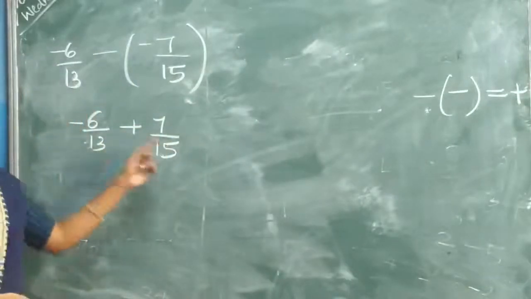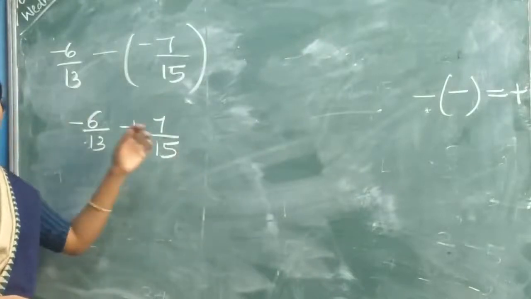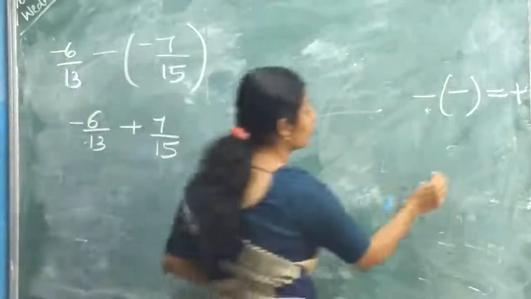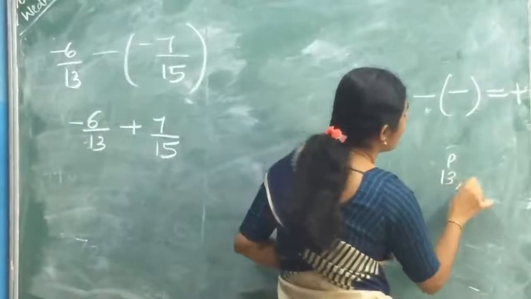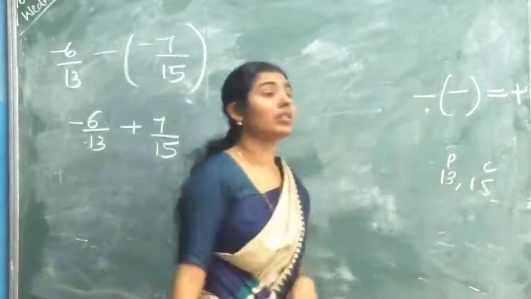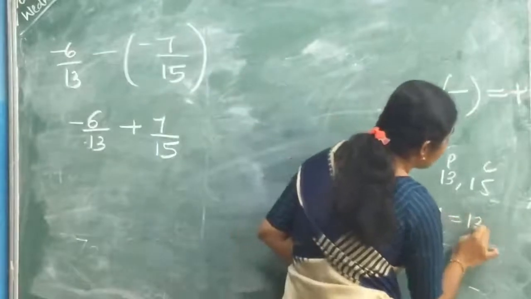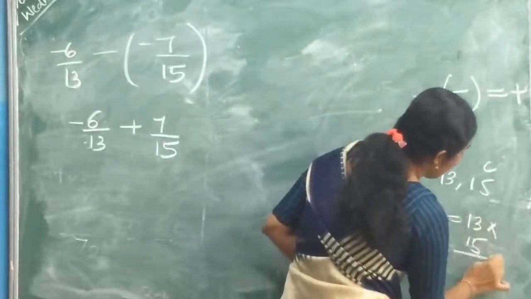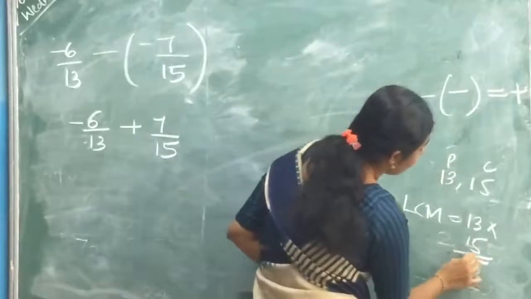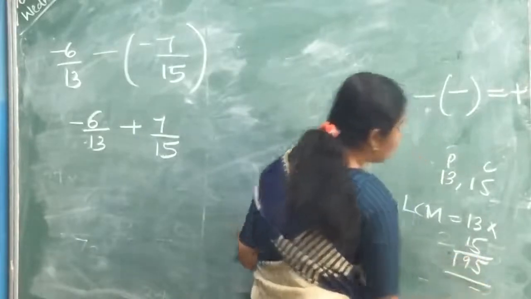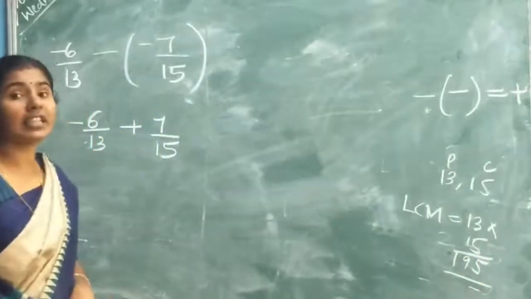Now you see both denominators 13 and 15 are different. Take the LCM. 13 is a prime number and 15 is a composite number. So its LCM is its product. 13 multiplied by 15, you will get 195.